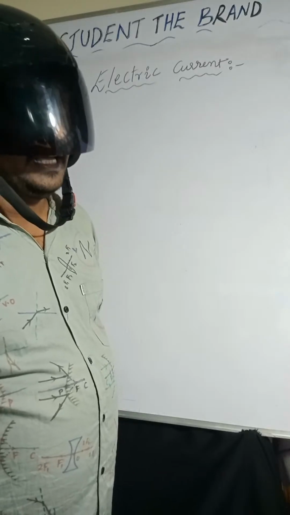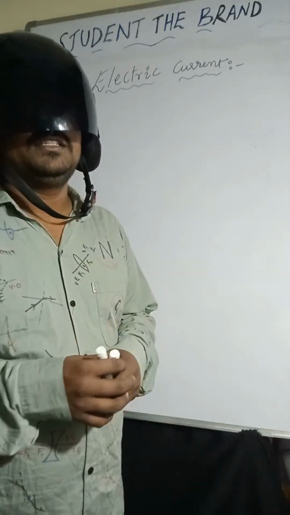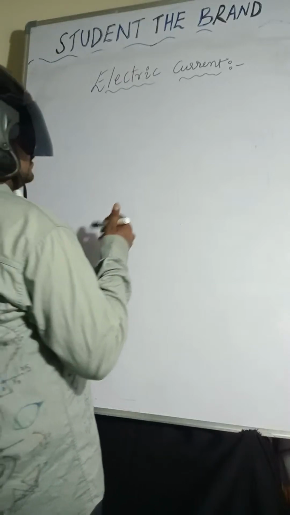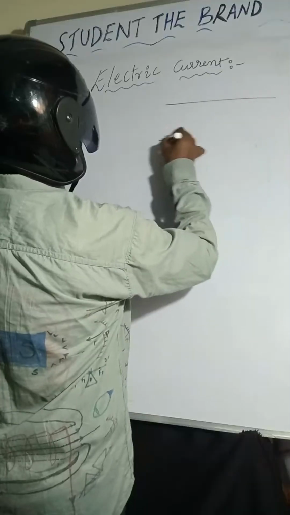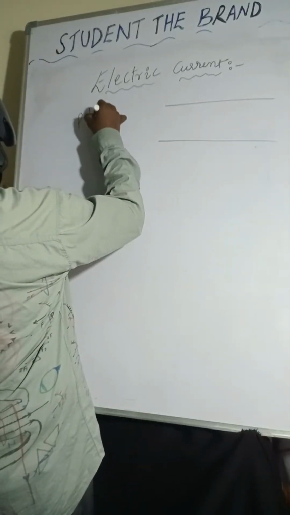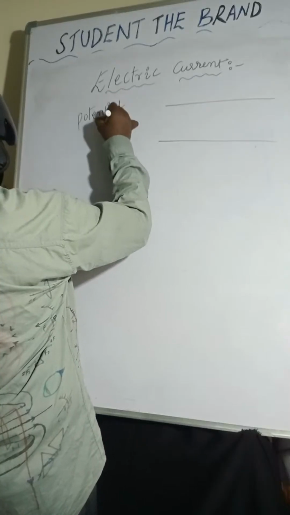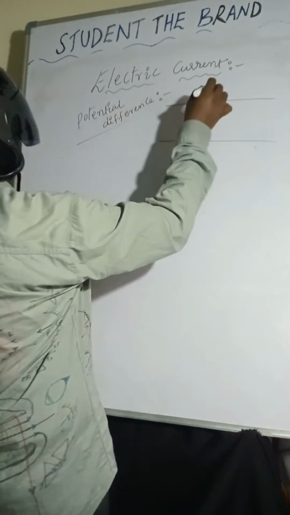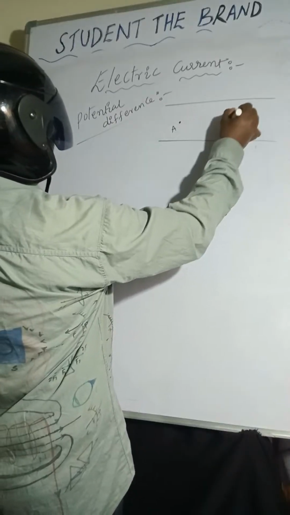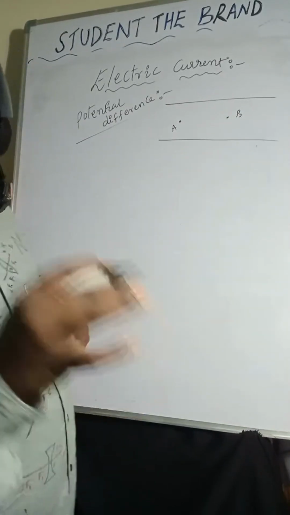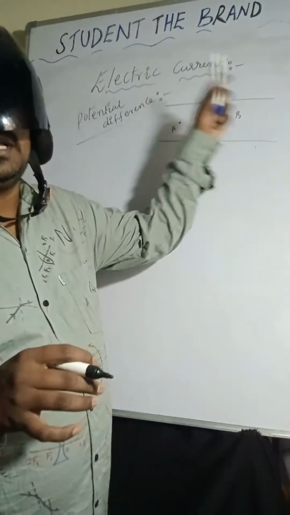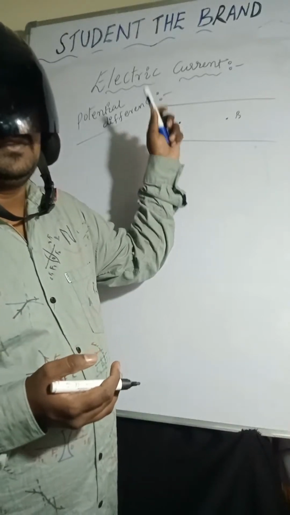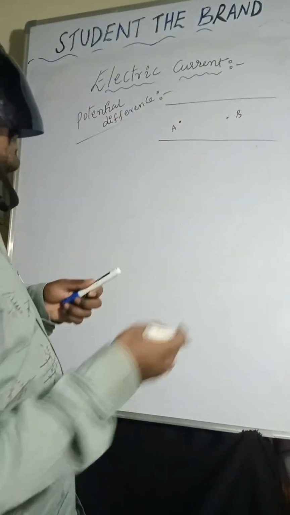Now potential difference and electrical potential we will discuss. Potential difference: let us take points A and B. We are doing some work to bring a unit positive charge from one point to another point within the conductor, which is called potential difference.